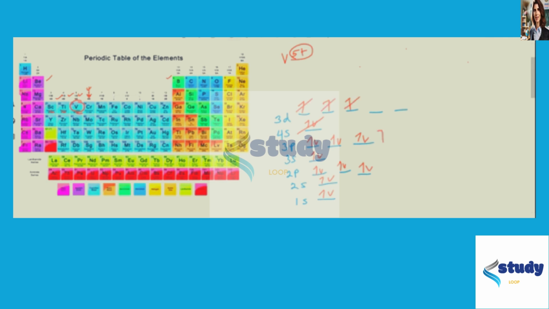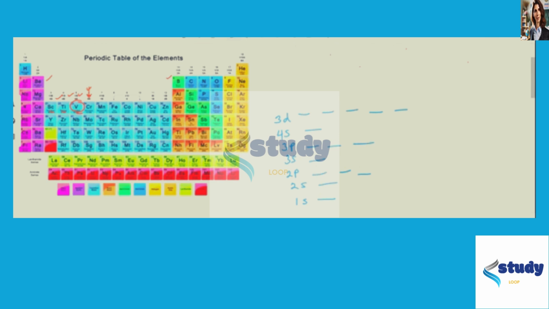And look at the structure that we're left with then. All of the electrons are paired in the remaining subshells. Therefore, vanadium in a +5 cation form is diamagnetic.